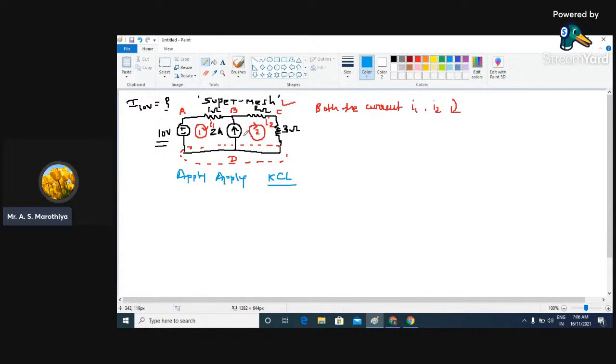Suppose we move in the direction from point D to point B. Here we have a current source of magnitude 2 ampere, and on one side a current I1 which is flowing in downward direction, and on the other side a current I2 which is flowing in upward direction.